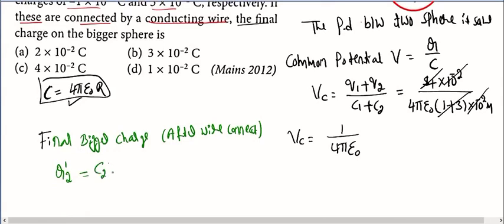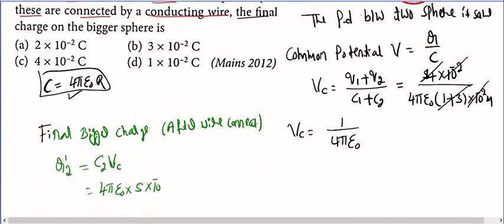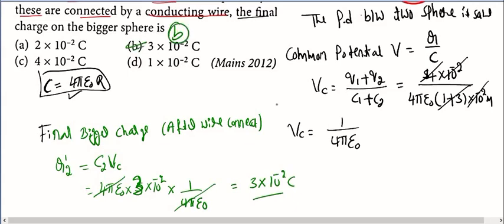C2 is 4 pi epsilon naught into the bigger radius, 3 into 10 to the power of minus 2, into the common potential 1 by 4 pi epsilon naught. The 4 pi epsilon naught cancels, so 3 into 10 to the power of minus 2 coulomb. Option B is the right answer for this question.